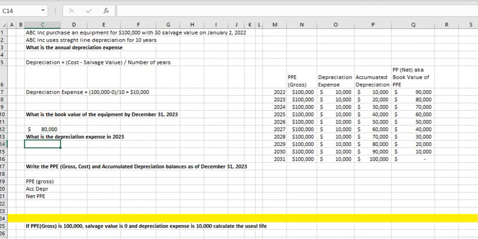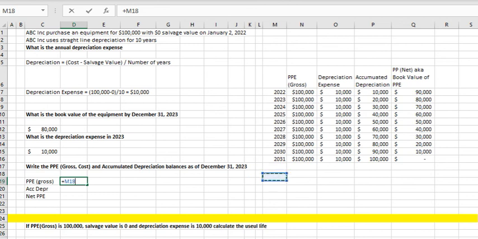Let's continue with the depreciation expenses 2023. Since this is straight line, the depreciation expense in 2023 is going to be the same as the other years. So it's going to be $10,000. And we are eventually going to write PP&E gross and accumulated depreciation balances as of 2023.